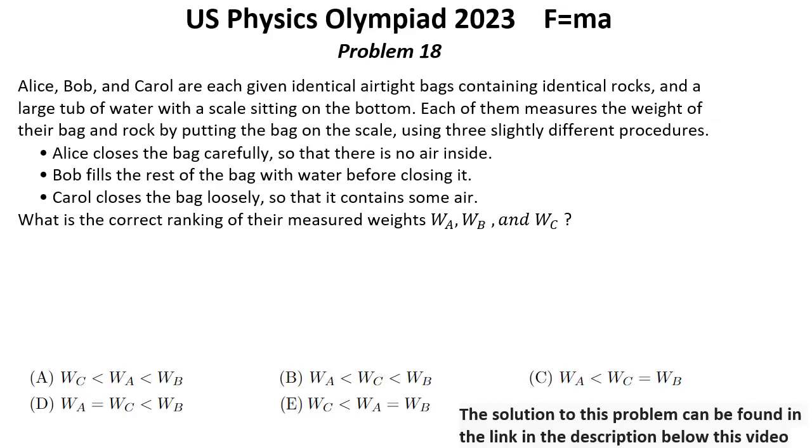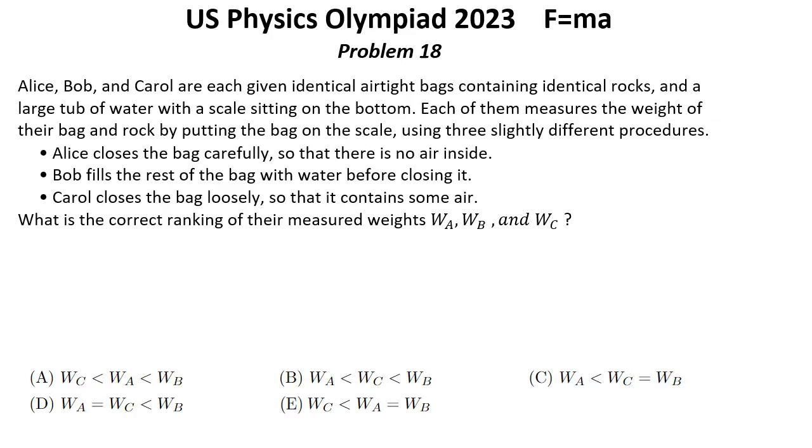Alice closes the bag carefully so that there is no air inside. Bob fills the rest of the bag with water before closing it. Carol closes the bag loosely so that it contains some air. What is the correct ranking of their measured weights, WA, WB and WC?